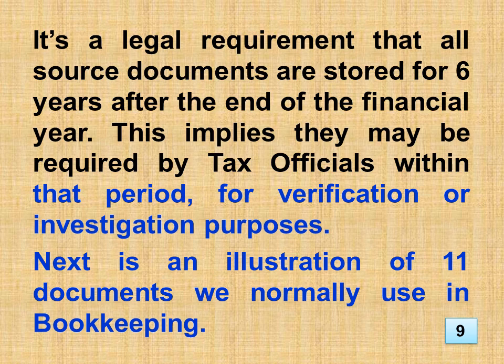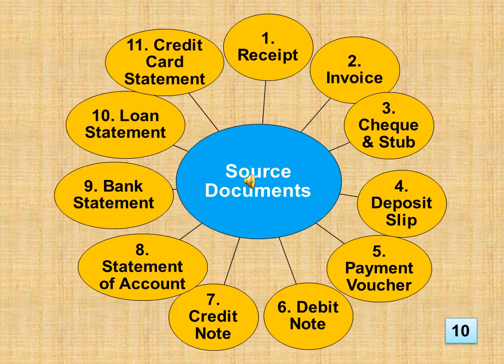Next is an illustration of 11 documents we normally use in bookkeeping. These are the source documents we normally use in bookkeeping. They are 1. Receipt. 2. Invoice. 3. Check and stub. 4. Deposit slip. 5.